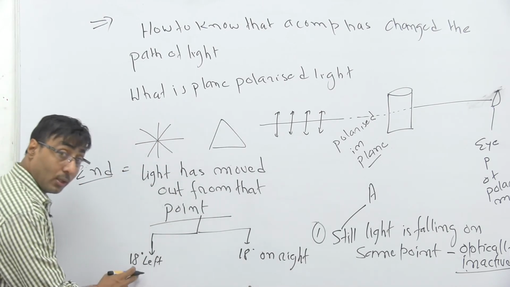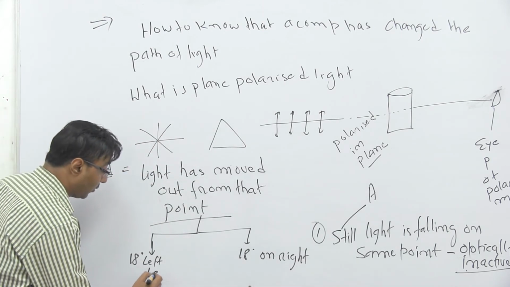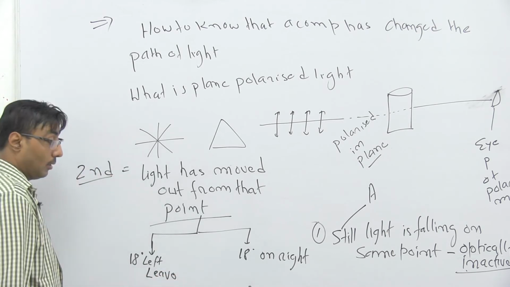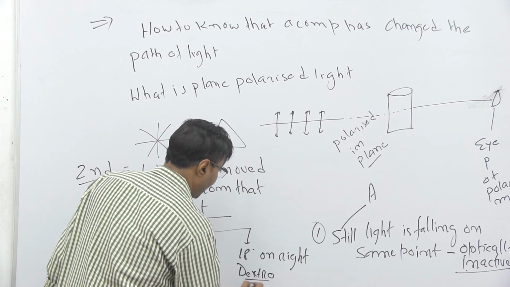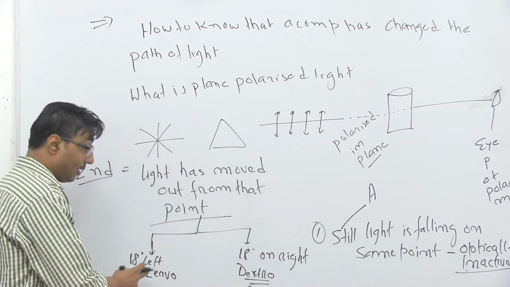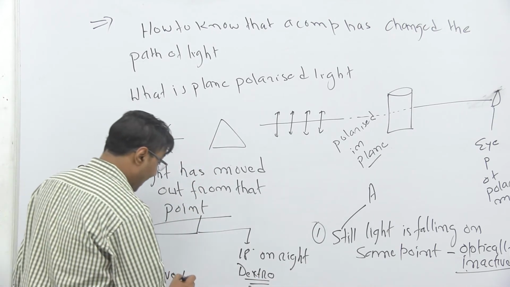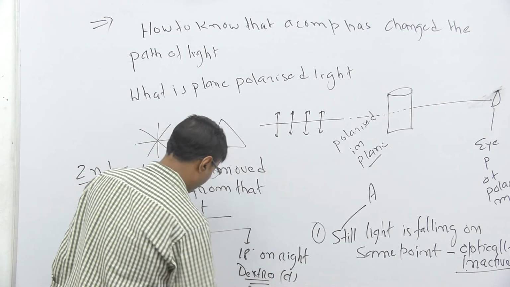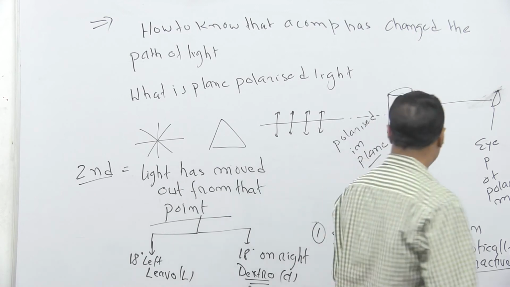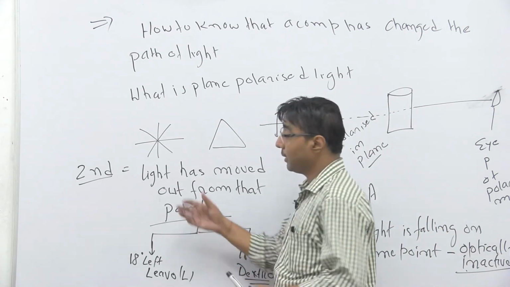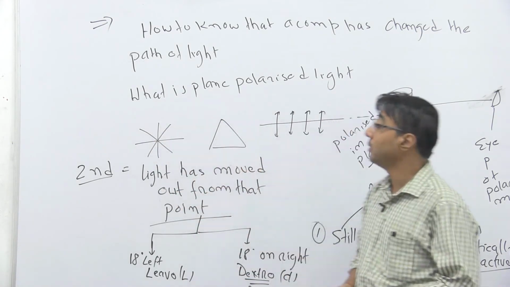If it is 18 degrees on the left side, it is known as levorotatory, and on the right side it is known as dextrorotatory. L and D. This is L and this is D. Levorotatory and dextrorotatory.